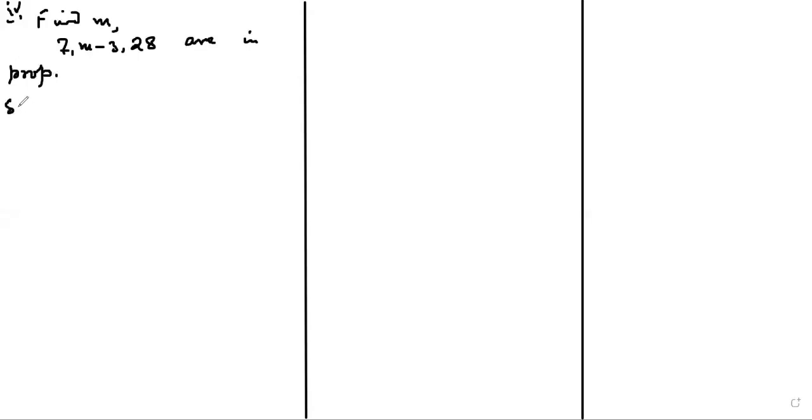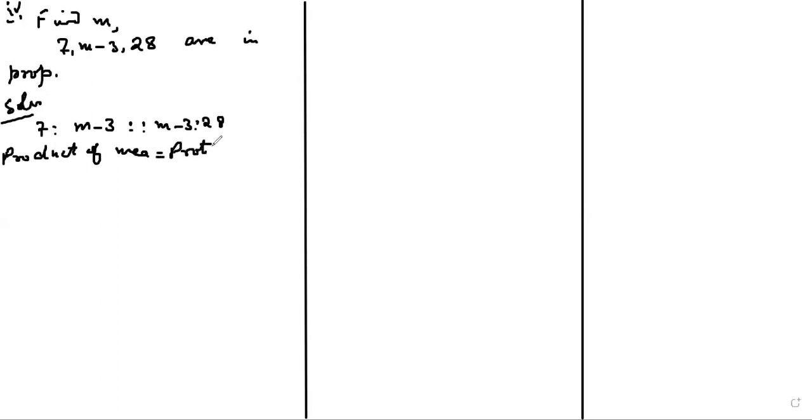So solution: if these are in continued proportion, then 7, m minus 3, m minus 3 and 28 are in continued proportion. They are in proportion. So using the property of proportion, we have product of means equals product of extremes.